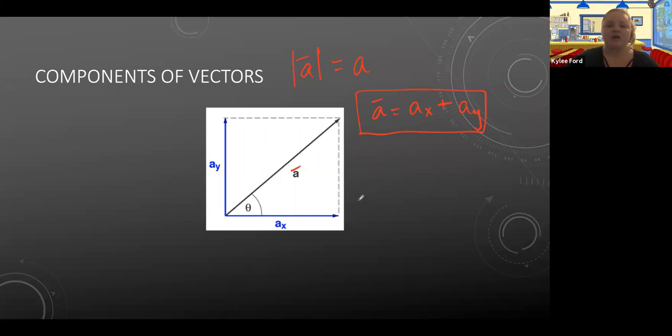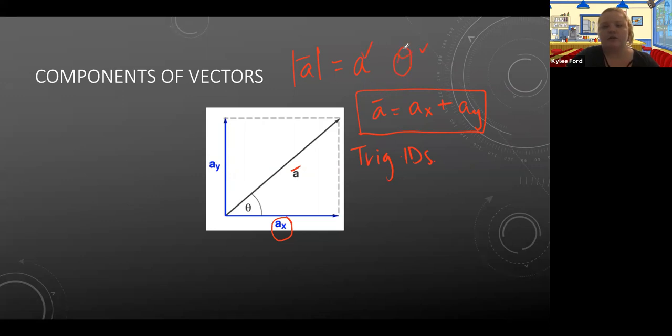If we want to solve for these guys, we can use trigonometry like I talked about in the last lecture. We have our trig identities that we can use. Say I want to solve for AX first, and I know my magnitude and I know theta.